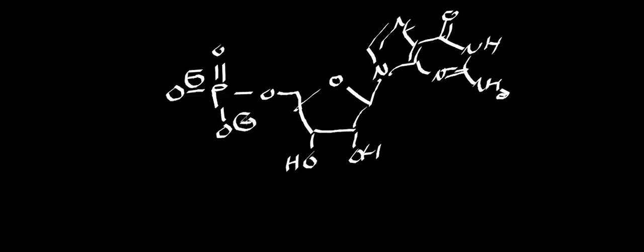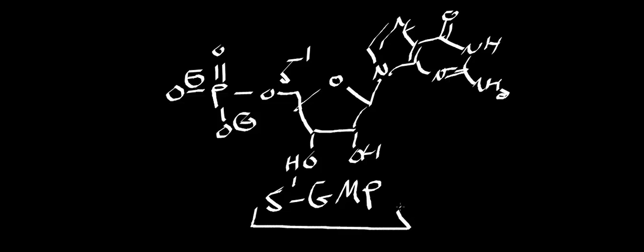But what ends up happening is now your phosphate is no longer in a phosphodiester bond. It's now simply a 5' phosphate. So this is your 5' carbon, right? So it's a 5' phosphate. So we call this 5' GMP. Okay, it's no longer cyclic, it's just GMP, right? This is sort of the degradation product of your phosphodiesterase.